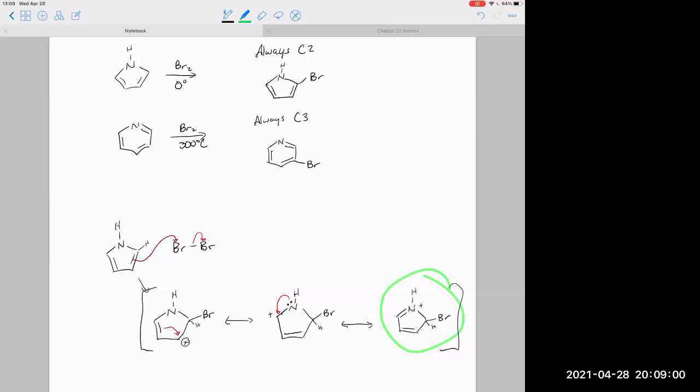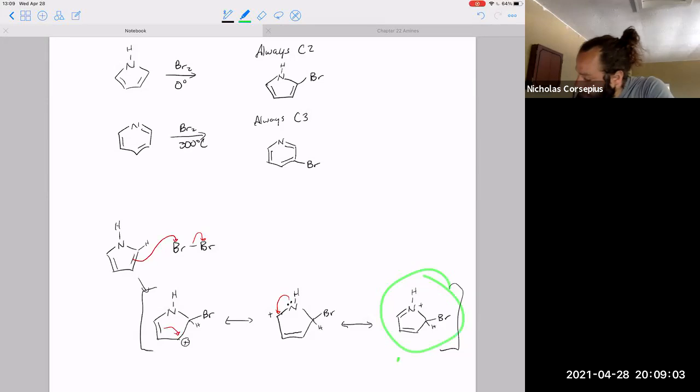It's the most stable, but why is it the most stable?